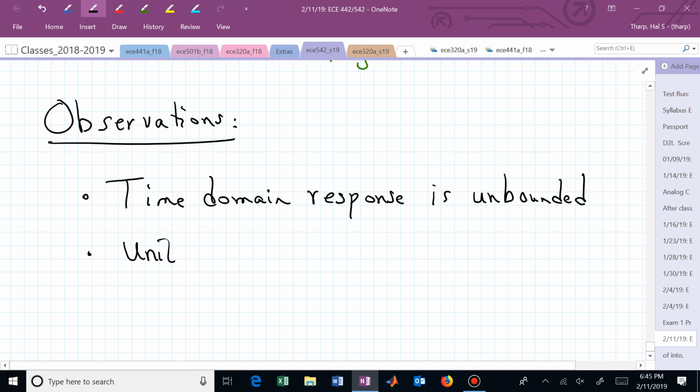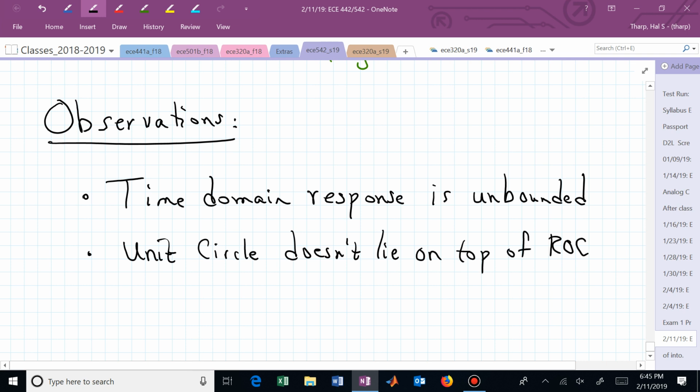The unit circle doesn't lie on top of the region of convergence. So this is unstable. And here's the connection that we need to make: if our unit circle is not in the region of convergence, then our sequence is unbounded.